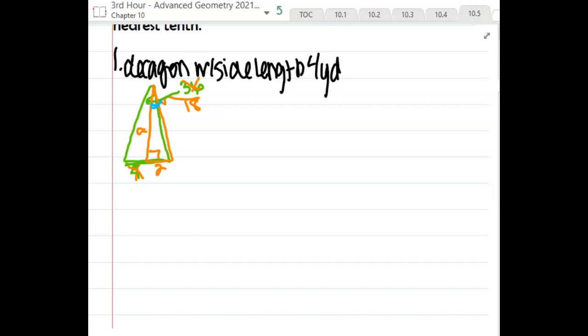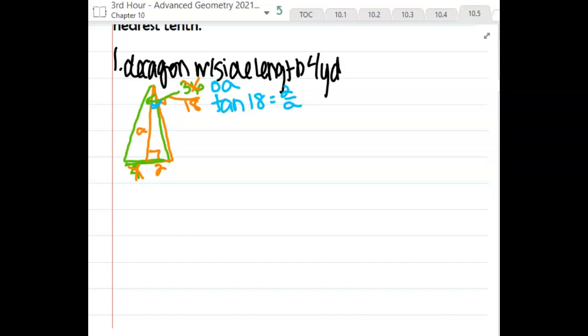Remember, this side is the hypotenuse. So what I have is opposite and adjacent. Which trig ratio is opposite and adjacent? Tangent. So we are going to take tangent of the angle, which is 18, equals opposite, which is 2, over adjacent, which I don't know.